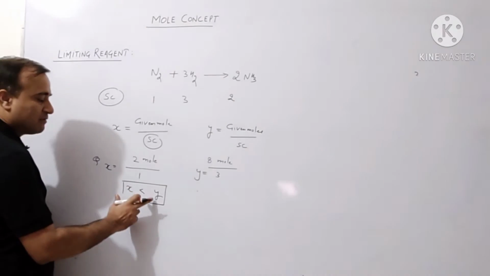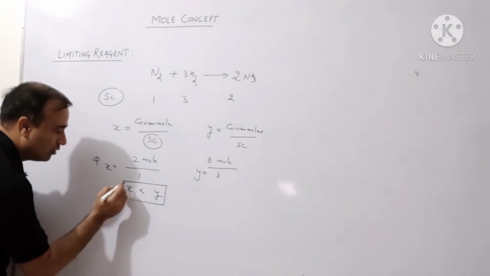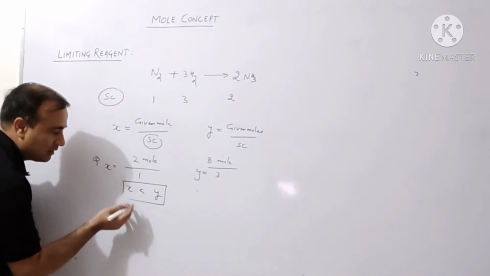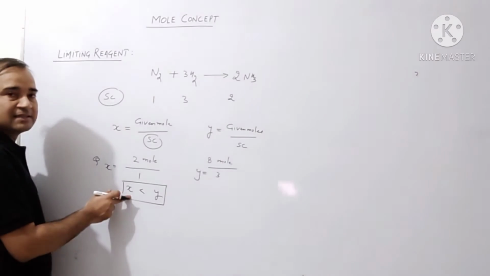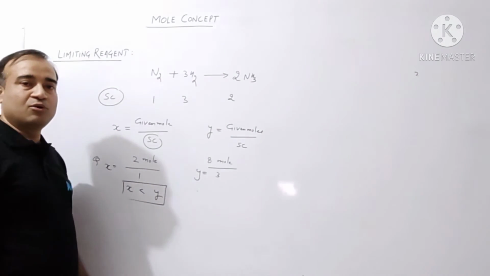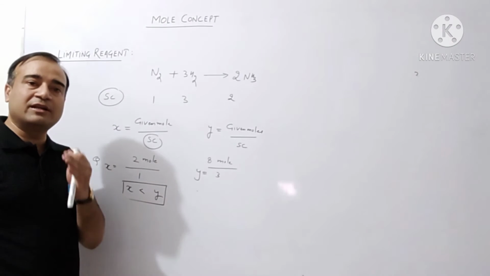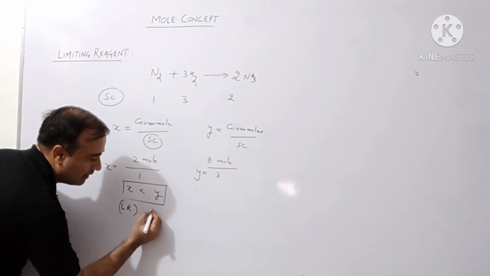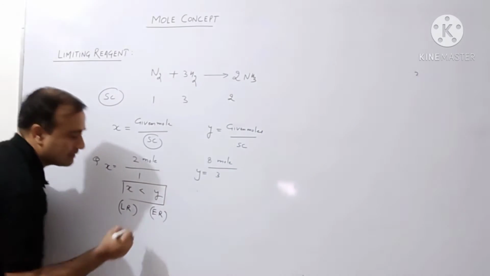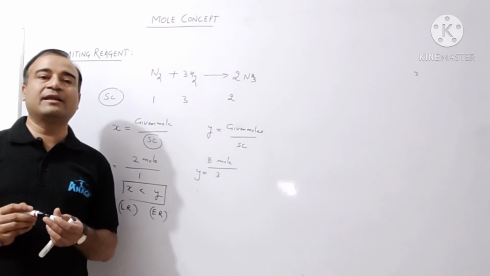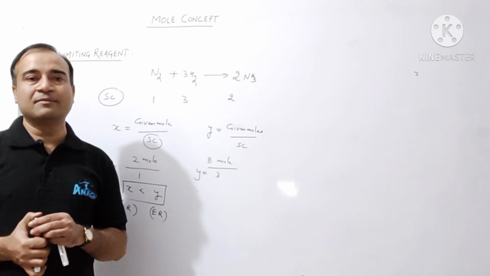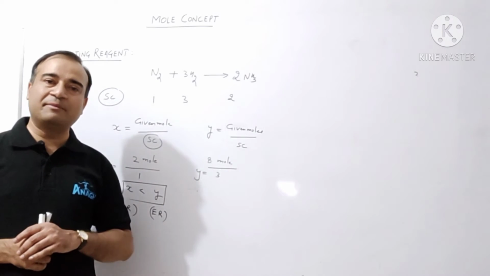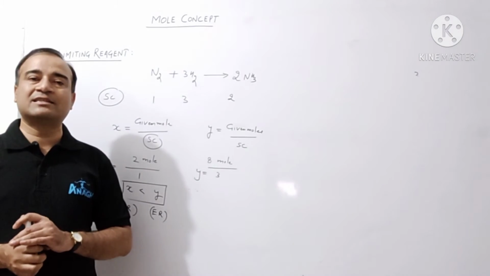As X is lesser than Y, the coefficient of nitrogen has the lesser value. So nitrogen is the limiting reagent and hydrogen is the excessive reagent. By determining the coefficients X and Y, we can determine which reagent is limiting and which is excessive.